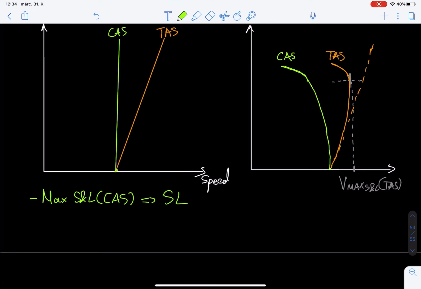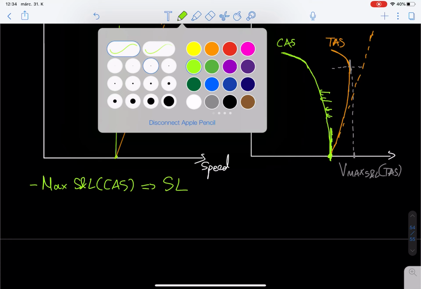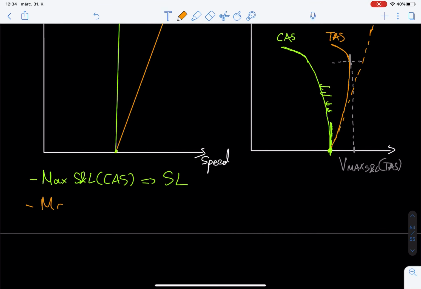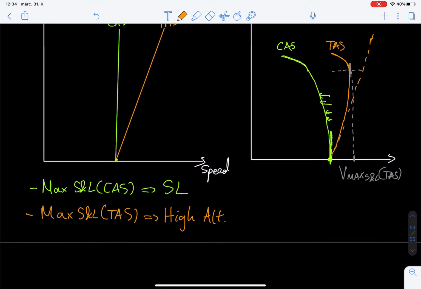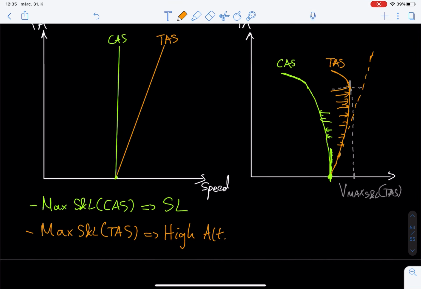So at the lower altitude it is going to be the highest, at sea level basically, because after that it is continuously decreasing. However, the true airspeed, so the maximum straight and level true airspeed, is going to occur at high altitudes. And this is going to be very important later on.